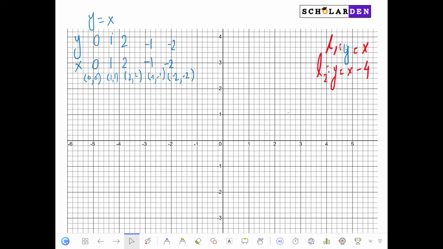So let's plot these coordinates on the Cartesian plane. Okay, so the first point is, say, x is equal to 0 and y is equal to 0. So this is the origin, the point for which x is equal to 0 and y is equal to 0. Yeah, I am exactly doing y is equal to x. So I hope that answers your question.